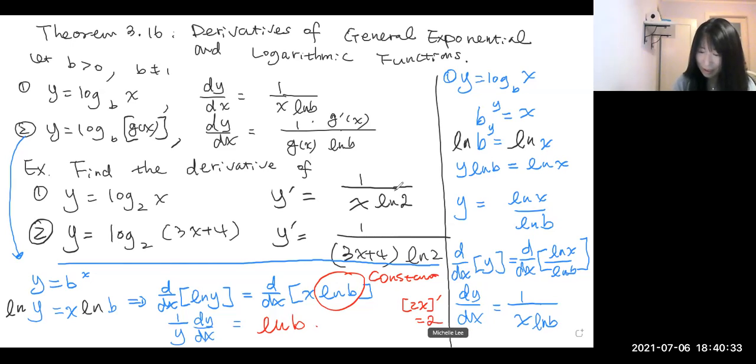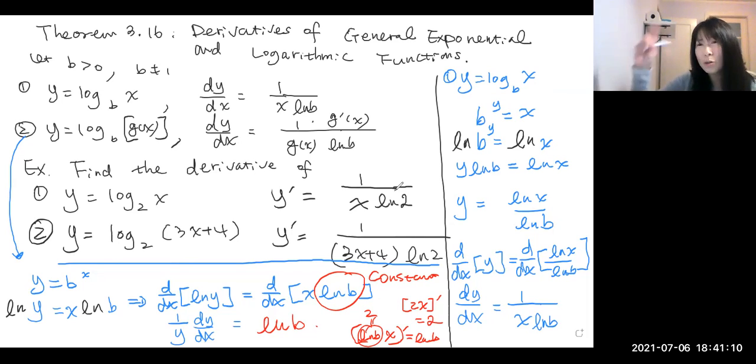So we keep the coefficient there, right?